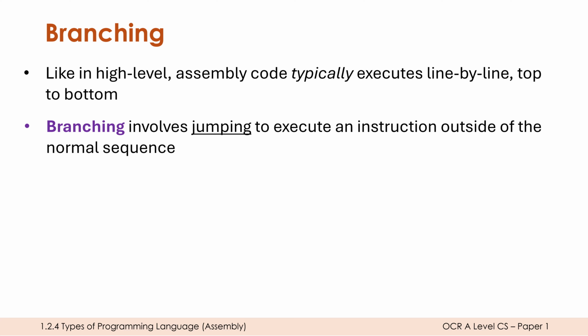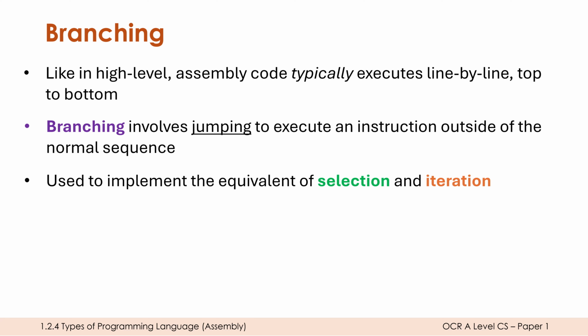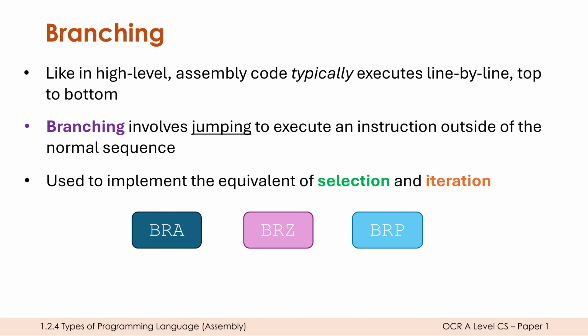Now, we arguably don't have branching in high-level languages. We have things like if statements and switch statements for selection. For iteration, we have things like for loops, while loops, and do until loops to break the normal sequence of execution. In assembly code, we have branching, which can implement selection and iteration, because we haven't got any if statements or any loops. All we have to use are our branching operations, BRA, BRZ, and BRP.